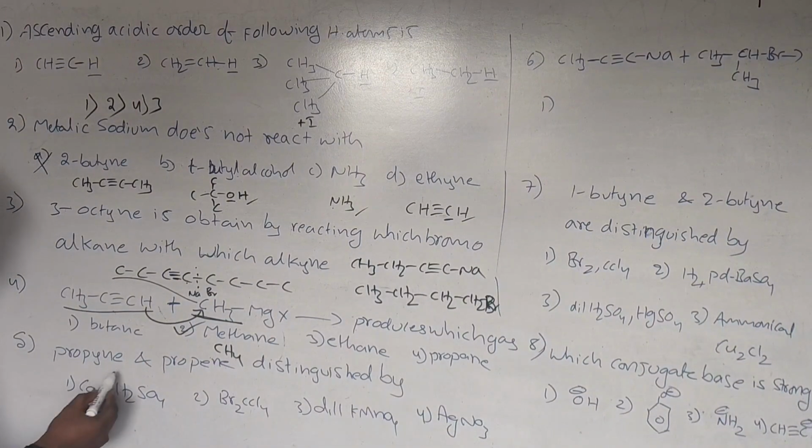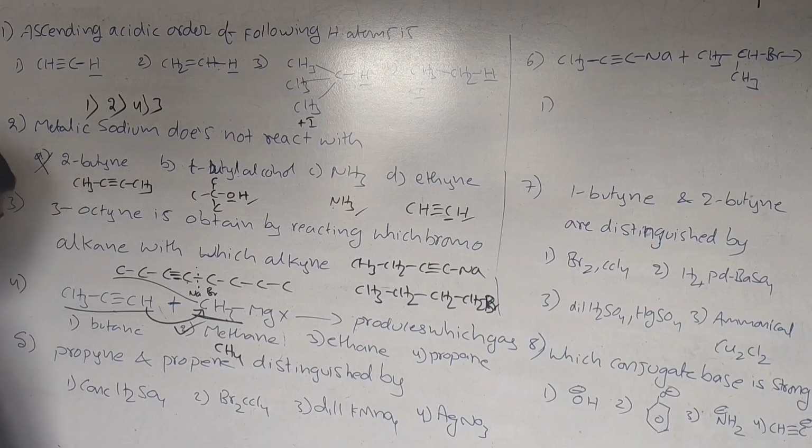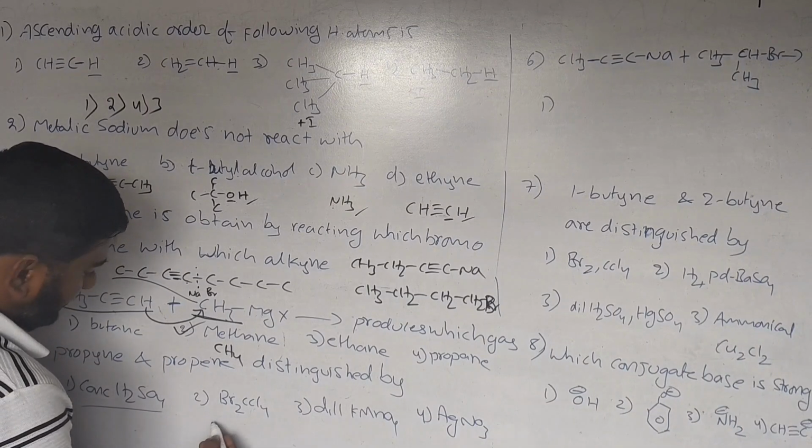Okay. Next, propyne and propene are distinguished by which reagent? Propyne means alkyne, propene means alkene. Alkynes containing acidic hydrogen can be detected with Tollens reagent, Fehling's reagent, with metals. With concentrated H2SO4 both will react.